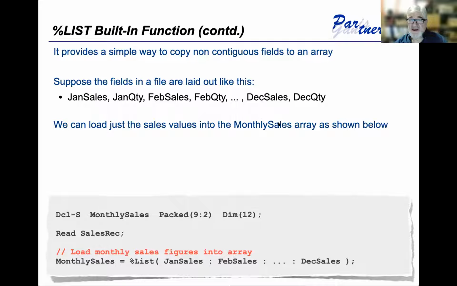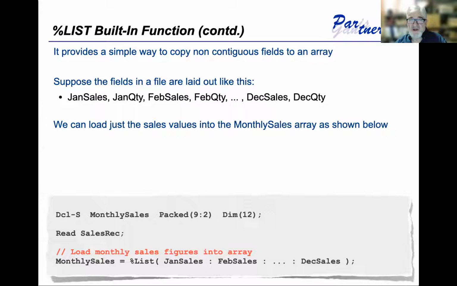So let's look at one particular example. Over the years, I've demonstrated a number of different methods for creating arrays in RPG out of non-contiguous fields. But this is probably by far the simplest and most obvious one, particularly in cases where the values or the field names are already in use elsewhere in the program.